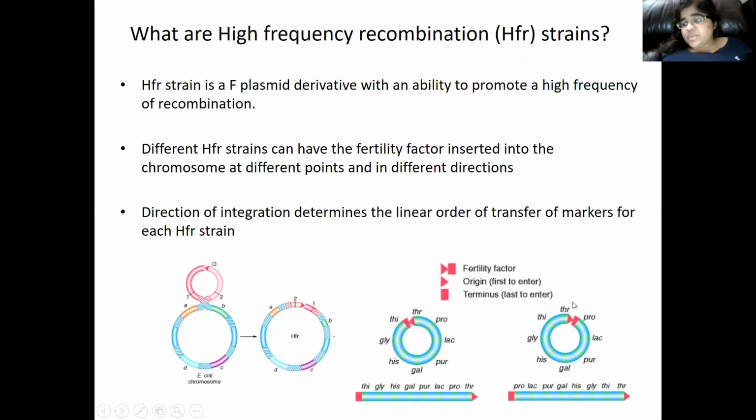Whereas with this guy, we have threonine, thymine, glycine, histidine, galactose, so on and so forth in that direction, just because the orientation itself is different for each of them, even though it's the same sequence itself.